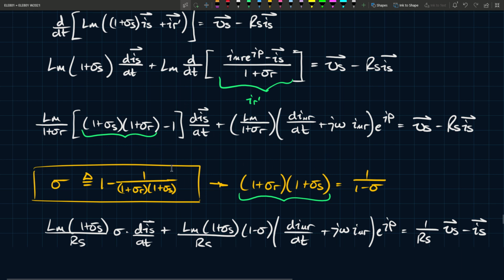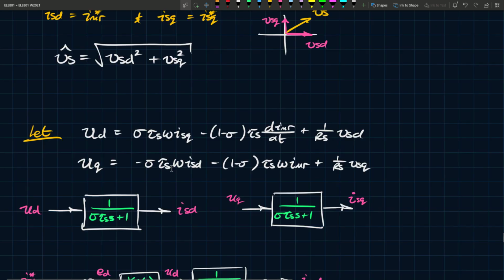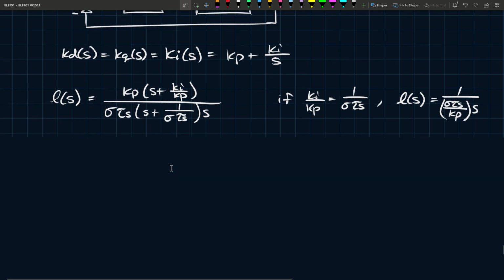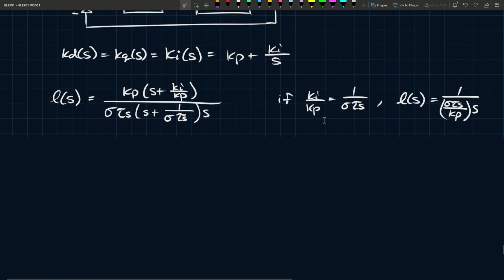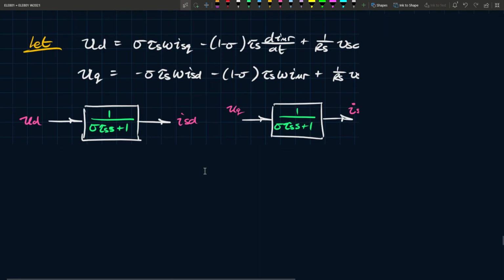After running through all of this, we arrived at some control loops. Before that, we calculated what the gains should be for the PI compensators for these control loops based on this pole zero cancellation method, which is a well-known control technique.